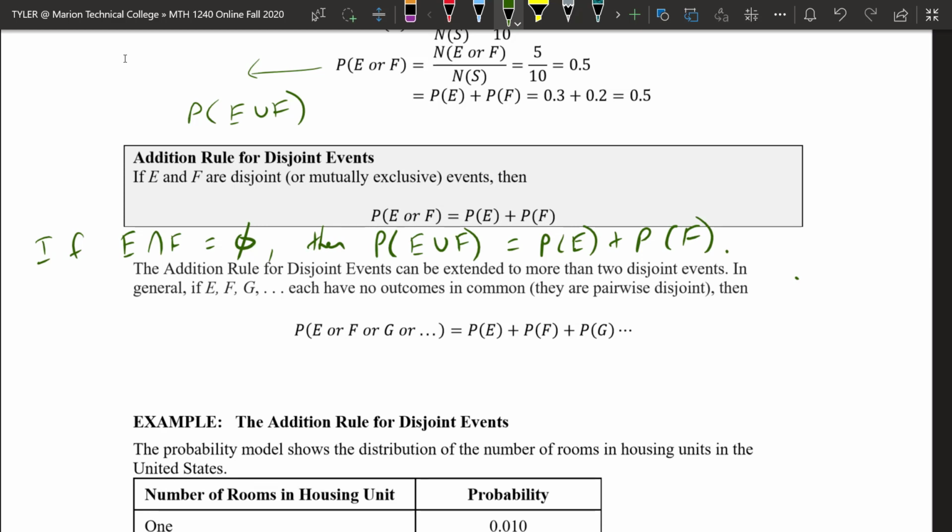The first part is telling us that E and F are disjoint events, and then it shows that equation using the union symbol instead of or.